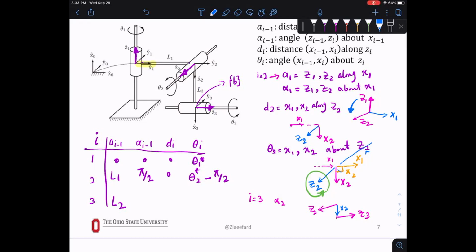So Z2 went to Z3. This is 3D, so it looks like 180, but it is 90 degrees. Can everyone see this is 90 degrees? These are perpendicular. So around this it is either 270 or negative 90 degrees.